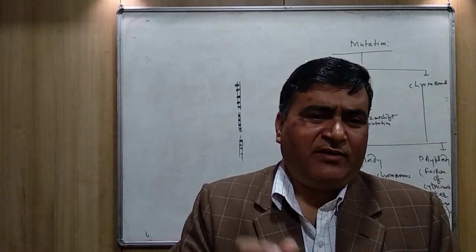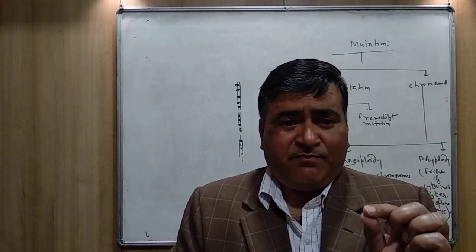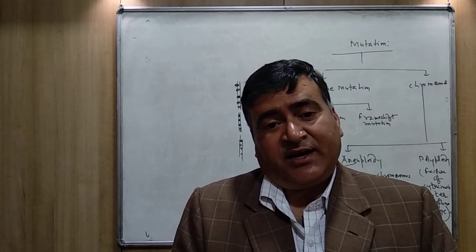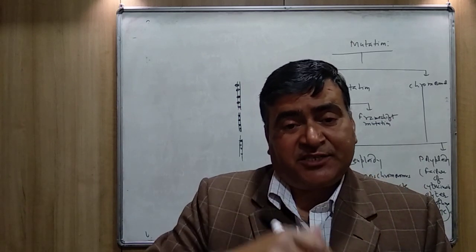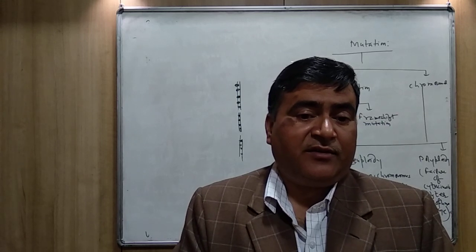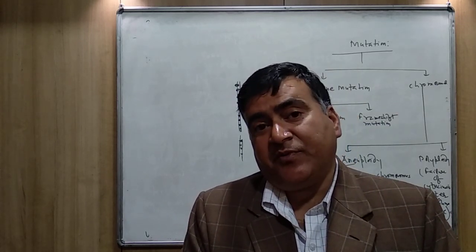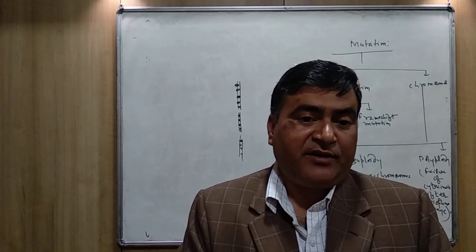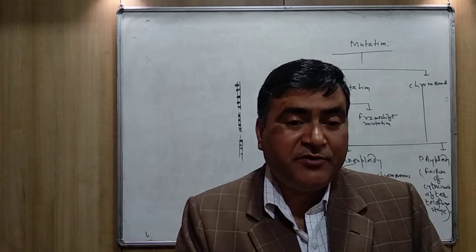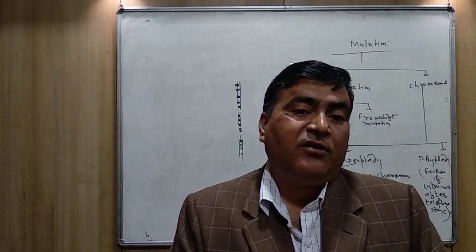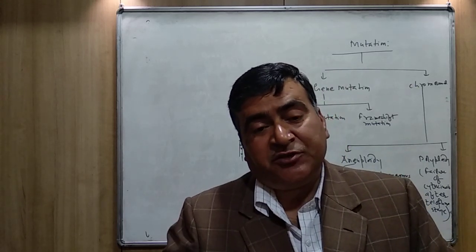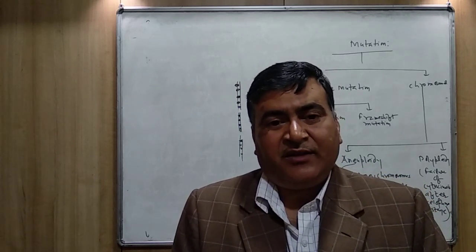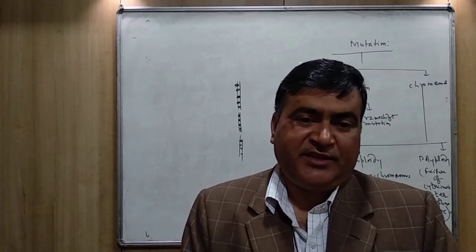At the very molecular level, if any base, that is adenine, guanine, cytosine or thymine, is replaced by some other base, it is said to be what? Point mutation. In point mutation, one purine may be changed into another purine, or the purine may be changed into a pyrimidine. Point mutation is also transition, transversion. You will know in detail in the next chapter.